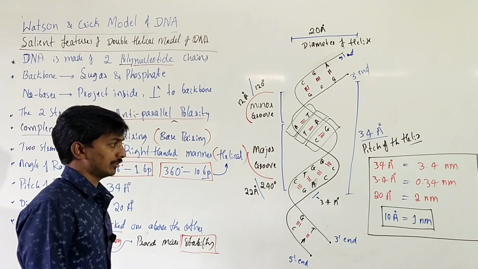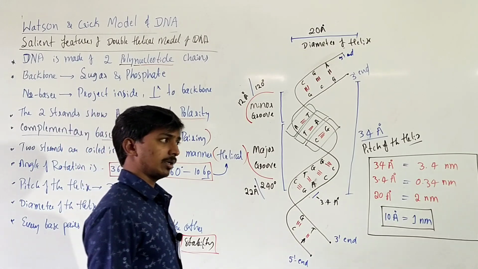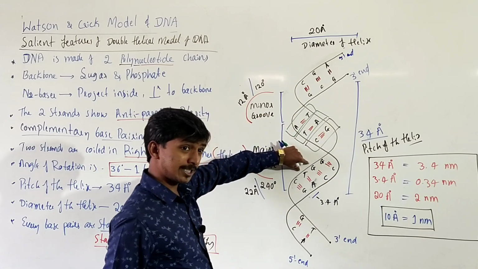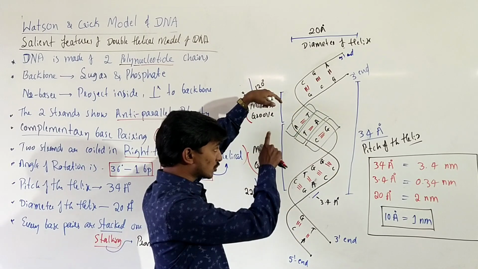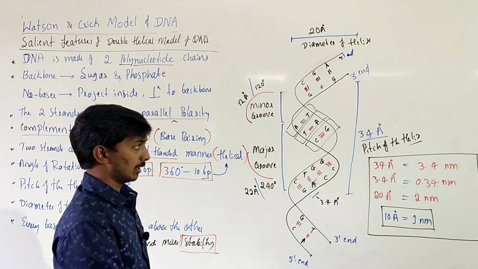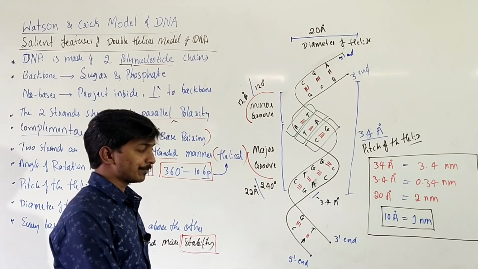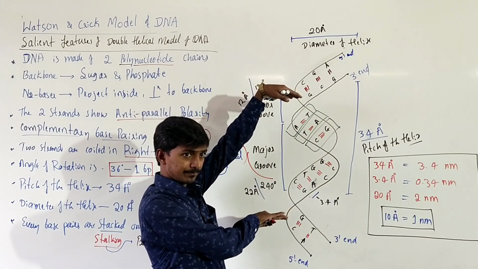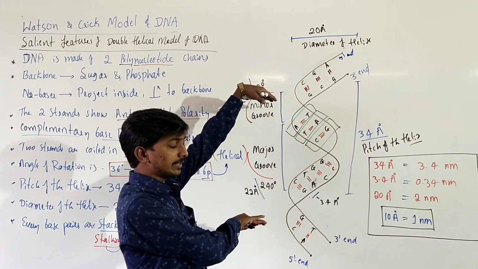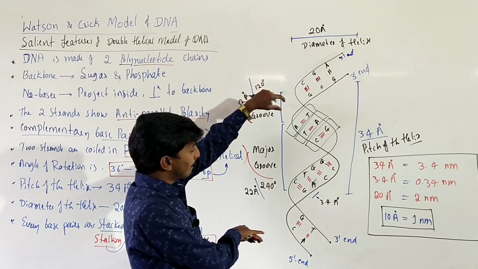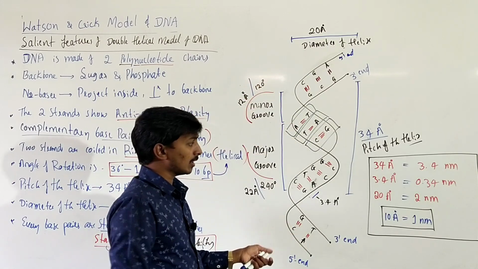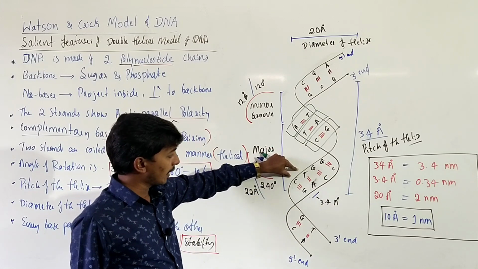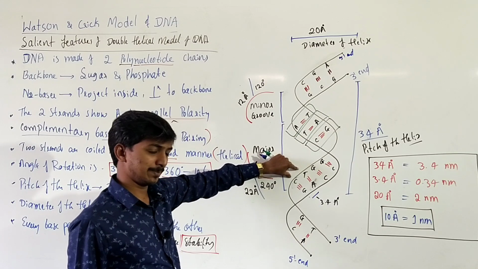Or else they will give the total length of the DNA and the number of base pairs, and they will ask what is the gap between the 2 base pairs.